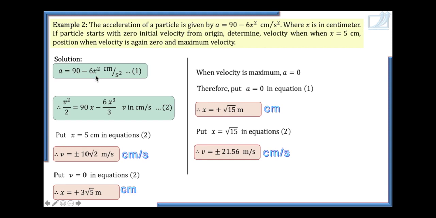When x is equal to 0, what is the acceleration? 90. Put x is equal to 0, that is at the origin where the particle starts. It is clearly mentioned here, the particle starts with 0 initial velocity from the origin. So from the origin means x is equal to 0. So when you put x is equal to 0 here, you get v equal to 0. It means when x is 0, v is 0, but is the acceleration 0? No. What is the acceleration? You will get positive 90.